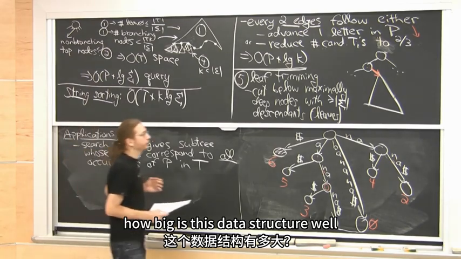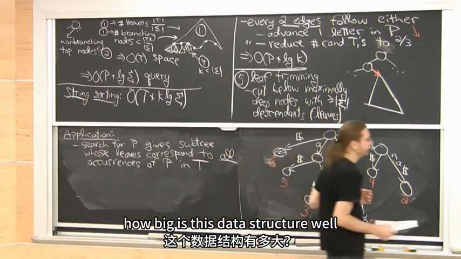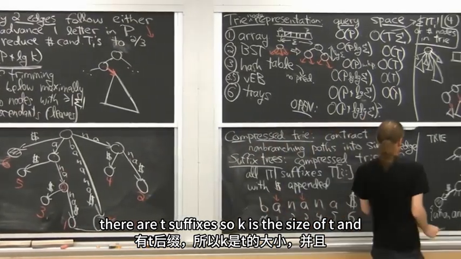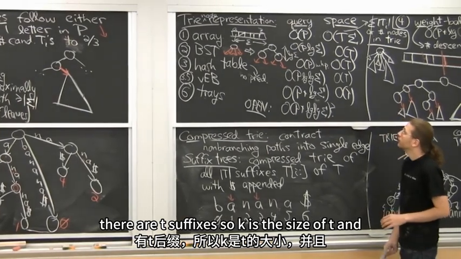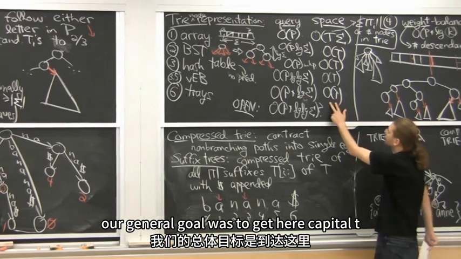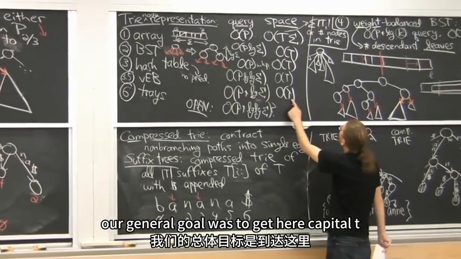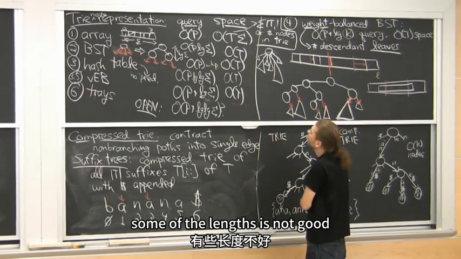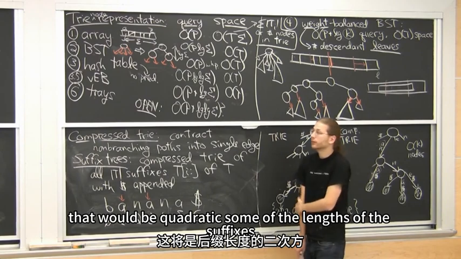How big is this data structure? Well, there are T suffixes. So K is the size of T. And we look at our trie representations. Our general goal was to get, here capital T was the sum of the lengths. Well, sum of the lengths is not good. That would be quadratic, sum of the lengths of the suffixes.